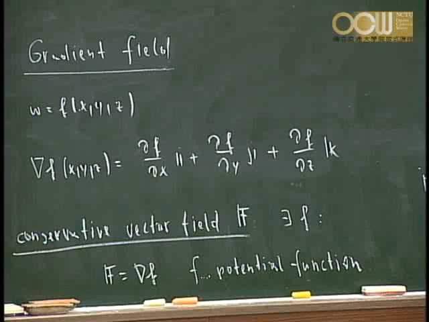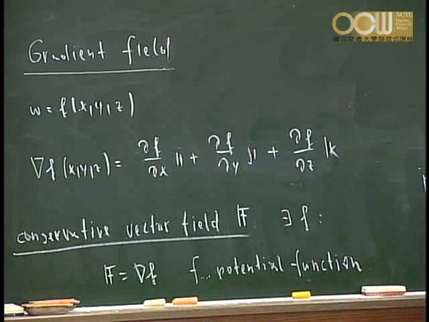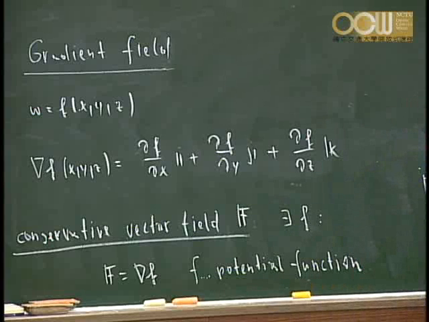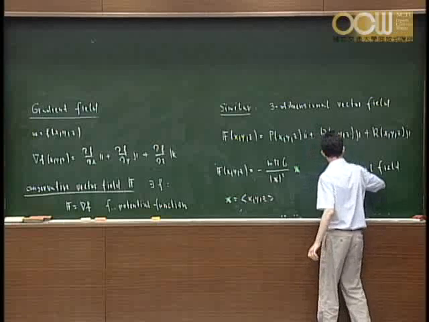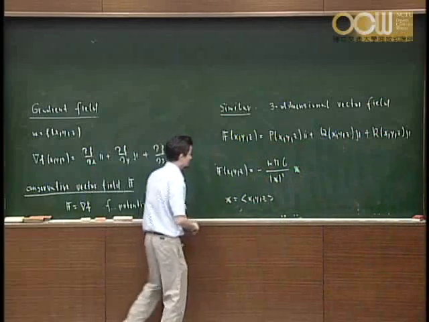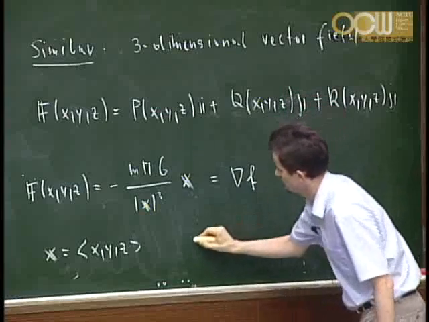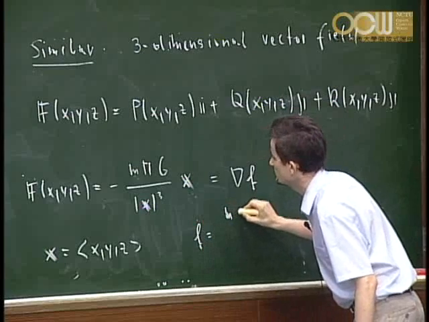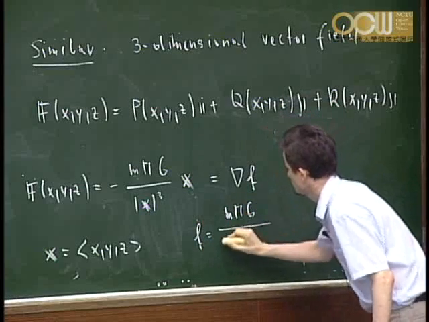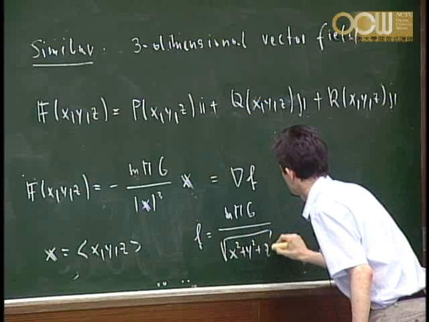And many of those vector fields encountered in physics are actually conservative. So for instance, this one is one example for a conservative vector field. What is the potential function? You can easily figure out that you can write this where f is equal to m times g over the square root of x squared plus y squared plus z squared.